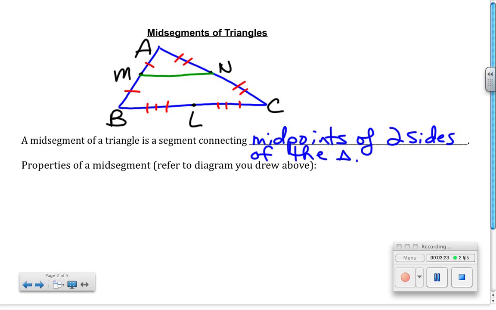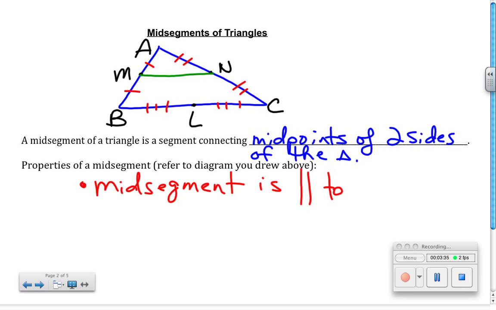Parallel to BC. Absolutely. That's one of our properties of a mid-segment. The mid-segment is parallel to the third side. Anything else? Perpendicular to AC? It's not perpendicular to any of this, not necessarily, no.